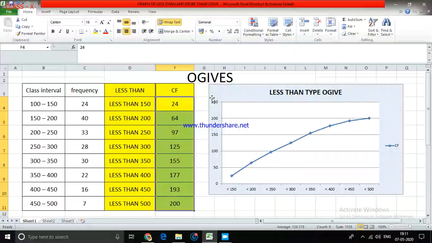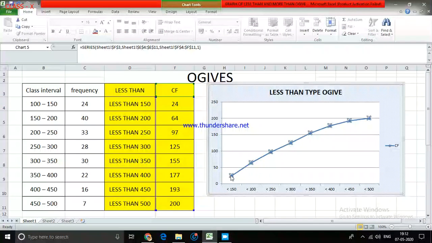You can take 0, 50, 100, no problem, or 10, 20, 30, 40, 50, 60, 70 till 200 with gaps of 10. It's up to you. For 150, the corresponding cumulative frequency is 24, so at 150 I mark the value 24.